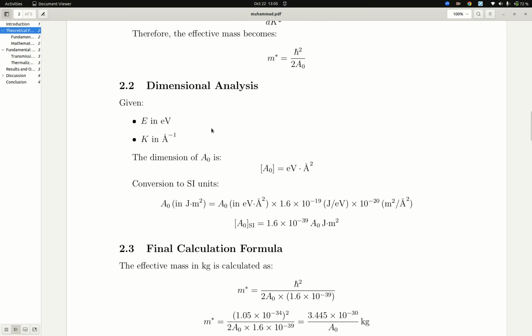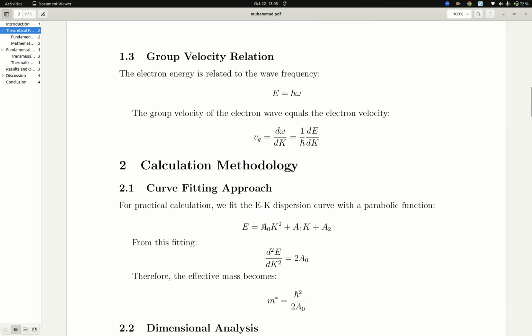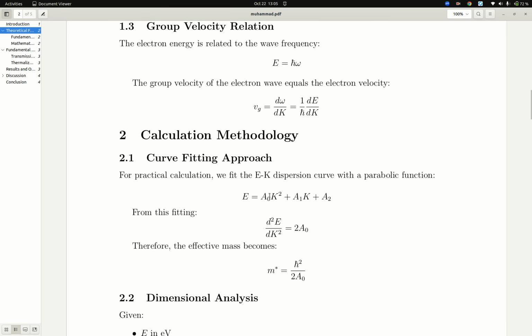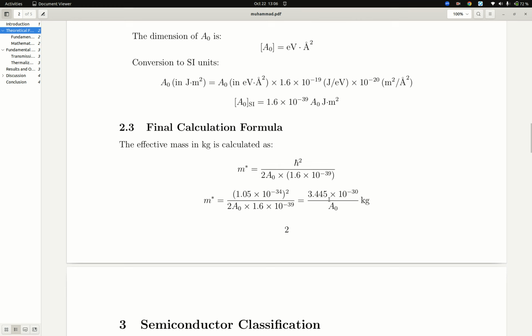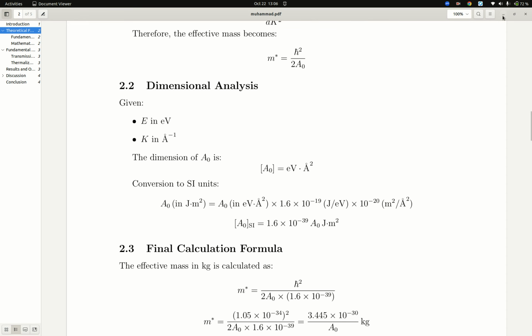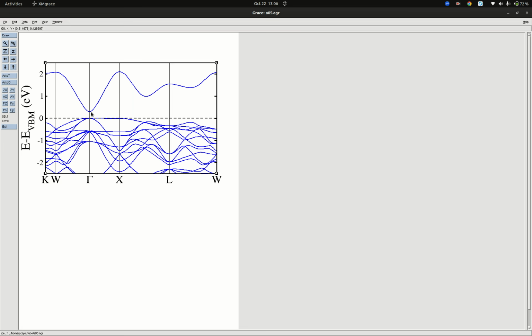When we apply this formula in XM Grace, it will give us the values of a0, a1 and a2, and we're going to use that a0 value in this formula, and it will give us the effective mass of holes as well as the effective mass of electron. If we take this parabola, it will give us the effective mass of electrons, and if we take this parabola, it will give us the effective mass of holes.